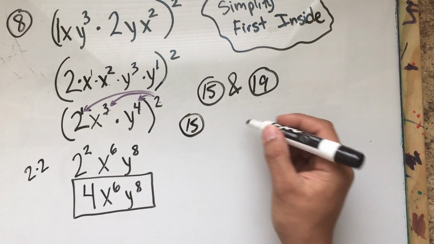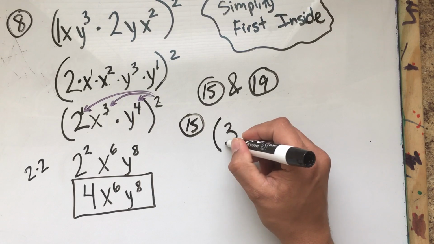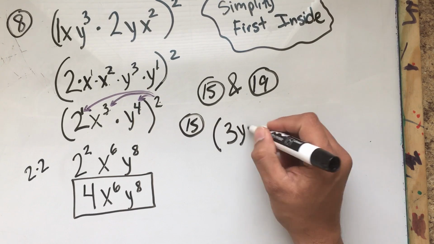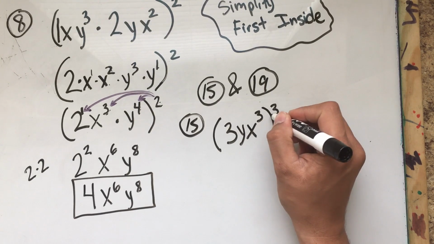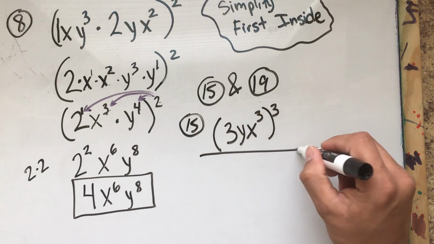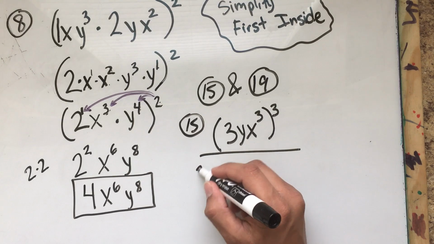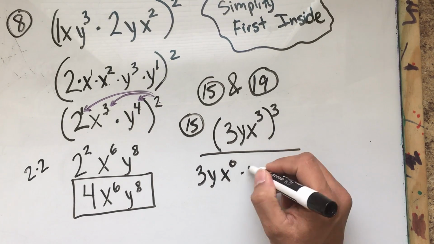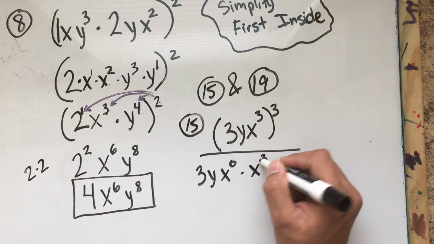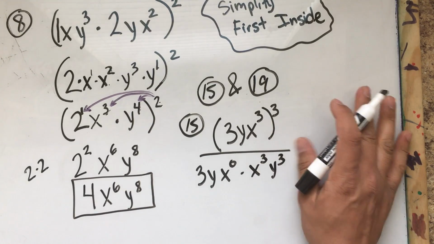So number 15 we have in parentheses 3yx cubed, and then this is being divided by 3y x to the 0 times x to the third y to the third. Okay.